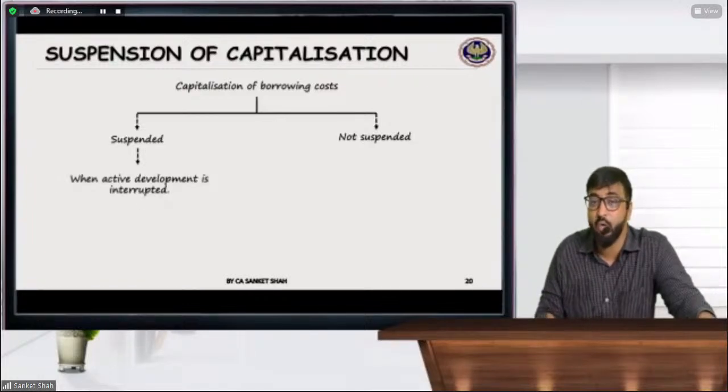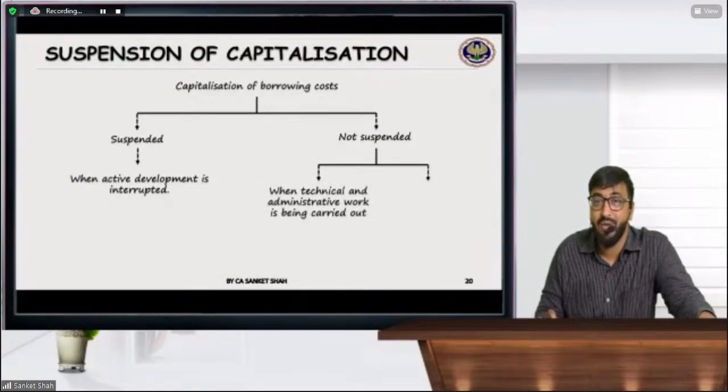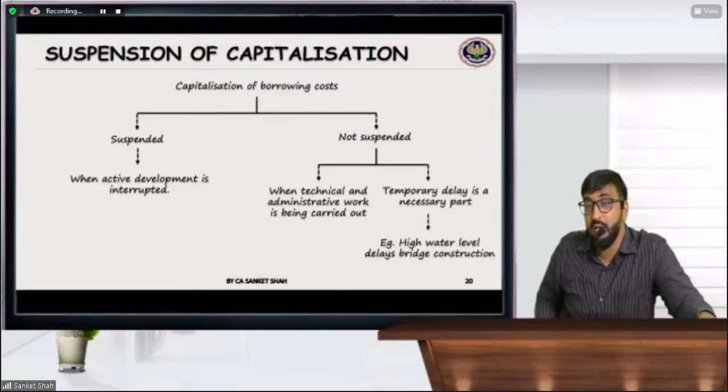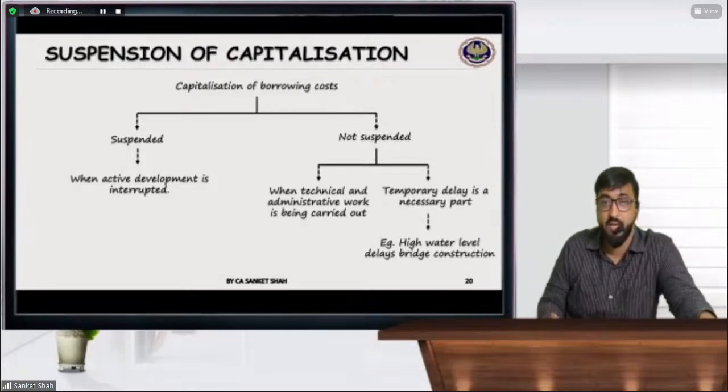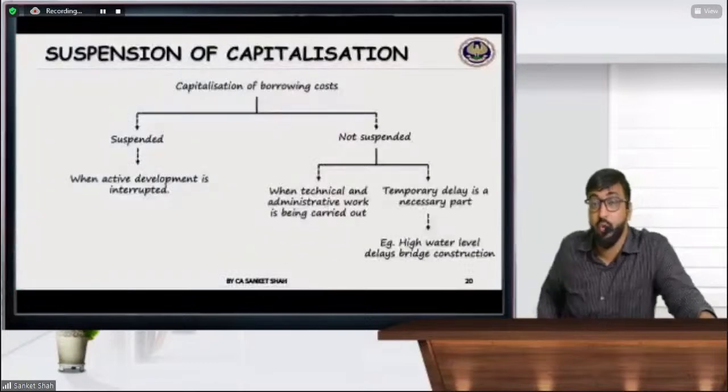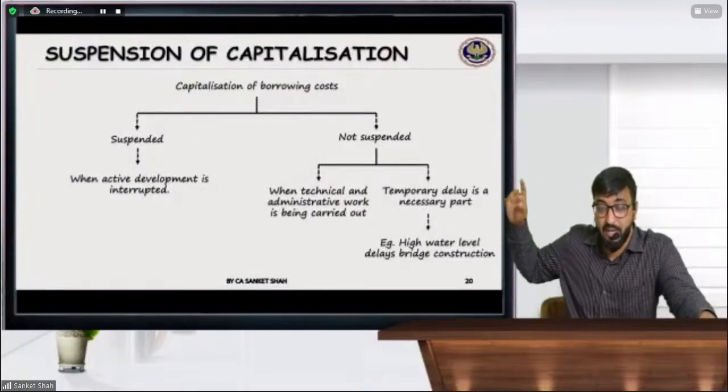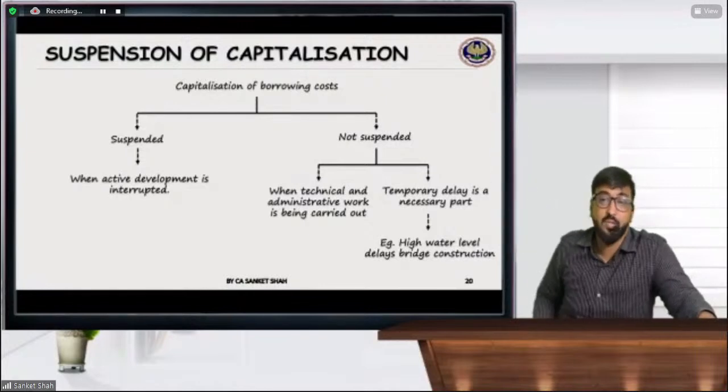Suspended when active development is interrupted, and not suspended when technical and administrative work is being carried out and temporary delay is a necessary part. High water level delays bridge construction. I already explained this point. So in that case you will continue with capitalization if it is not suspended, but if it is suspended you will transfer it to profit and loss account.